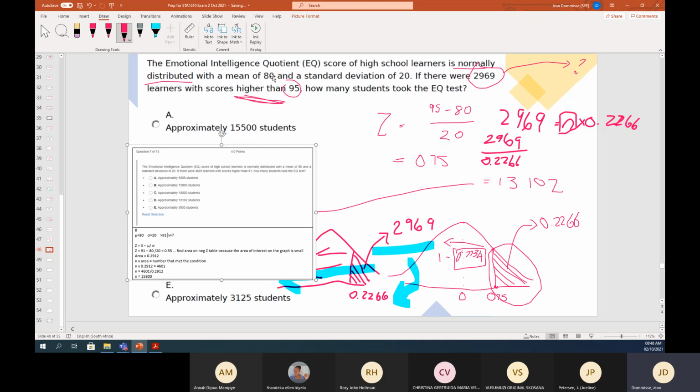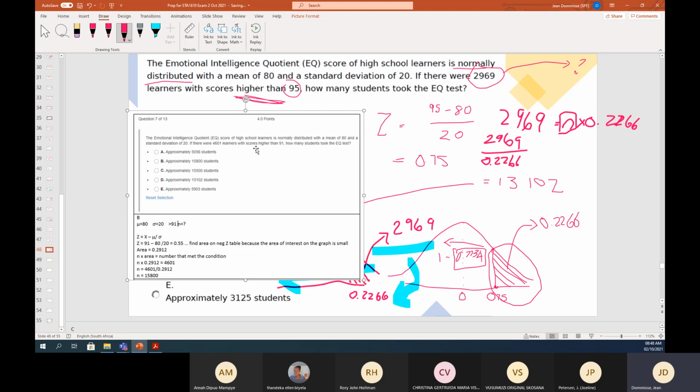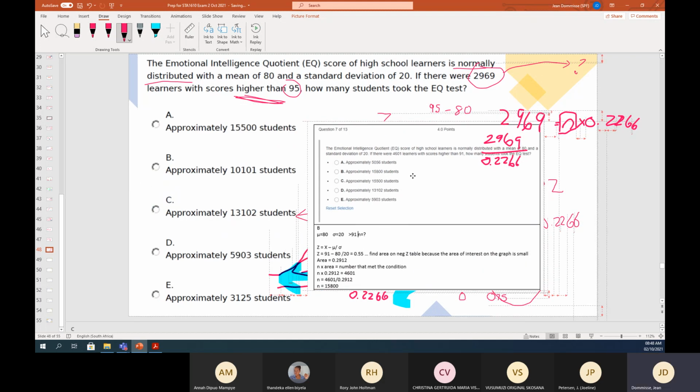And then in the exam, there was this one in Christina's option that was still giving you the 80, the 20, but it changed the number of learners, and it changed the 95 to 91.